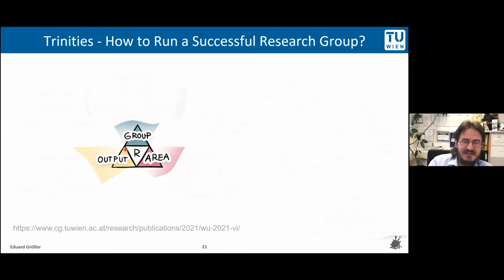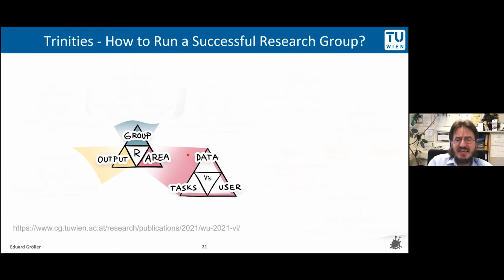Everything for me is a triangle. We are coming from computer graphics, where triangles play a big role. If you have a research group, you need a group of people, you need an area that is uniting them, a research area, and then they should do something so that they can exist in the long run. So the area in our case is visualization.